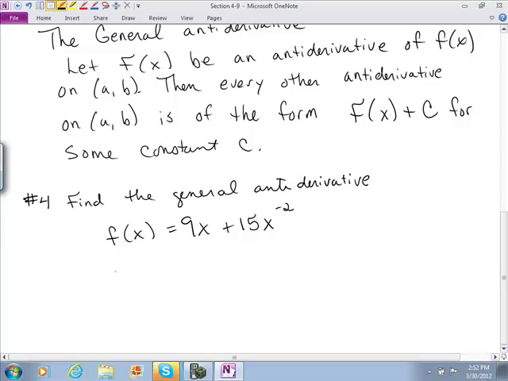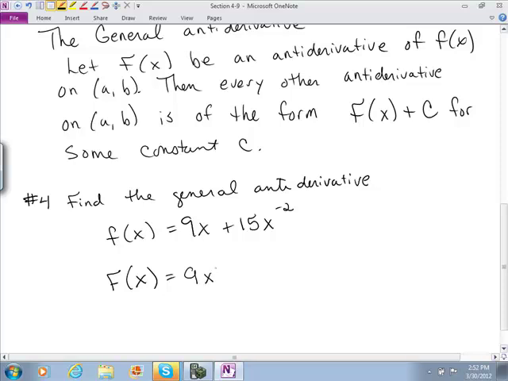Okay, our new function is going to be big F of x, and it's going to be the antiderivative. So you think to yourself, what function would you take the derivative of to get 9x? Well, the constant always just tags along, so you can just write your 9 there. And let's think about x.